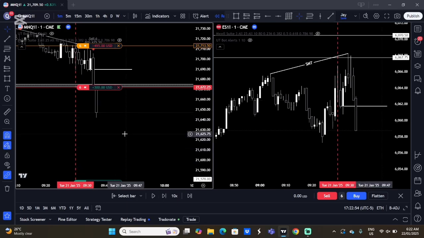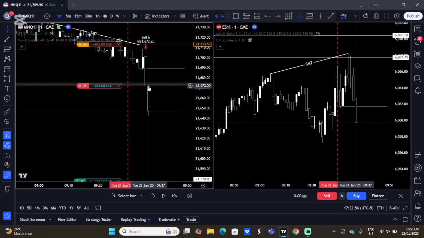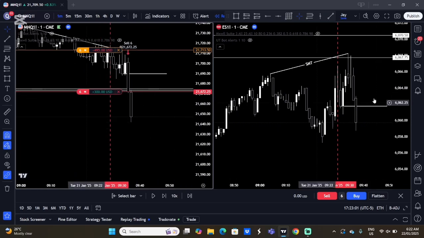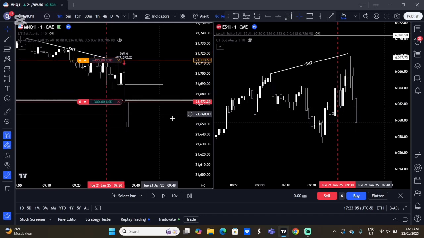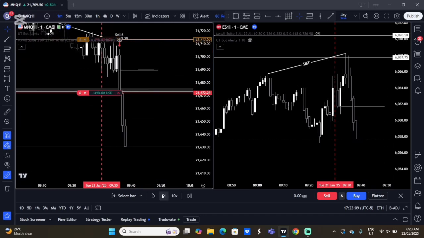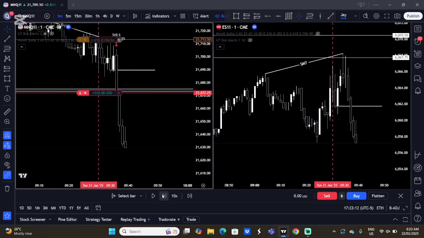So there we go. We've actually, right here, tapped into that fair value gap, the inverse fair value gap that I just marked out. We finally get the change in state of delivery on ES. And we're just waiting till we input a low. And I'll tell you the reason in just a second.